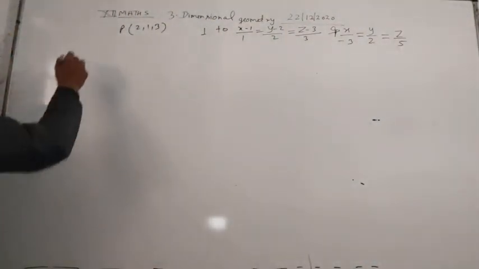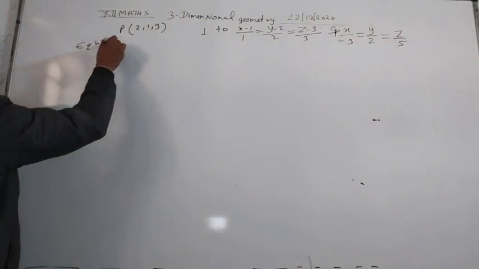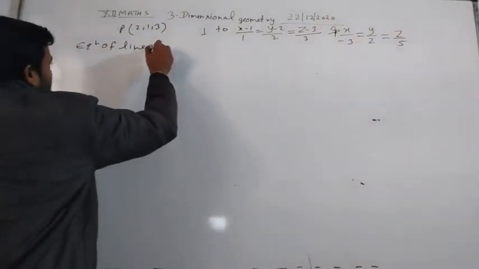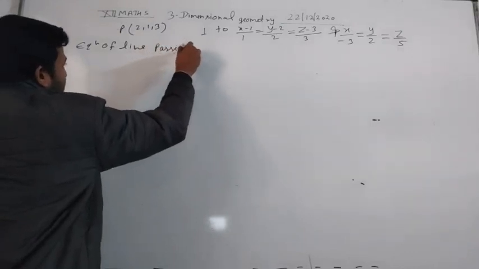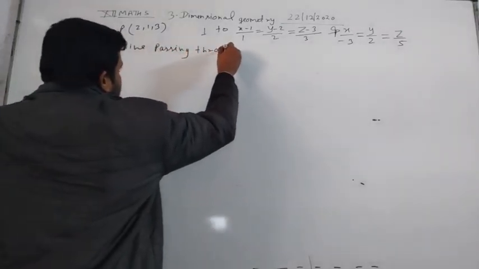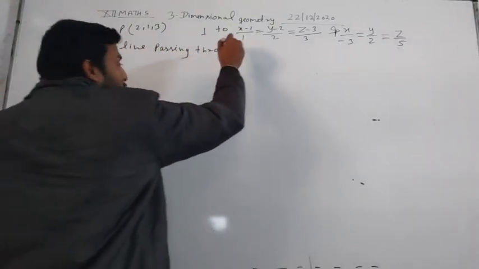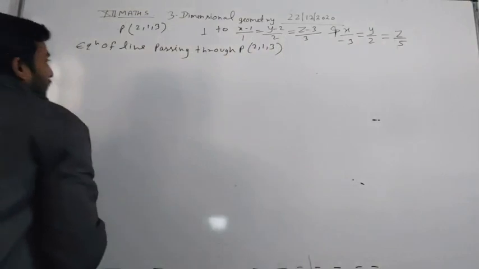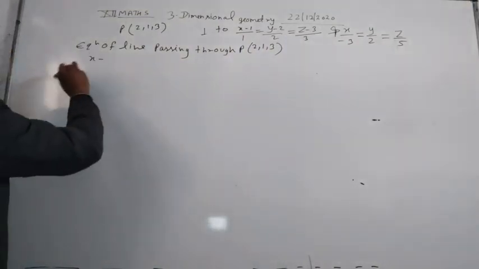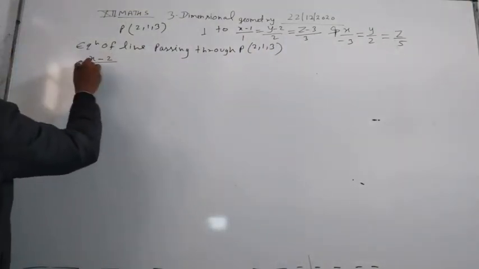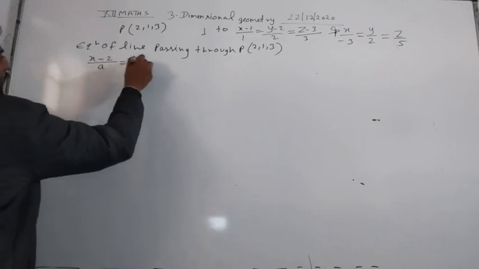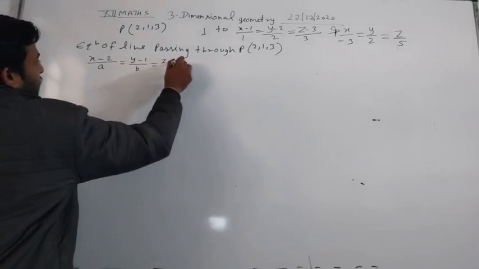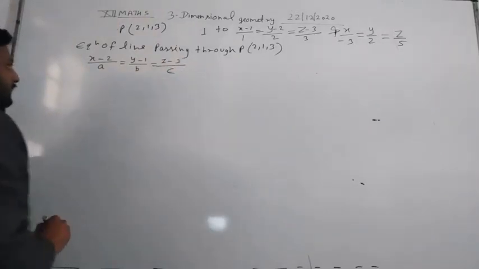So we will write the equation of line passing through P(2, 1, 3). Okay, so we write x minus x1 by a, y minus y1 by b, z minus z1 by c.